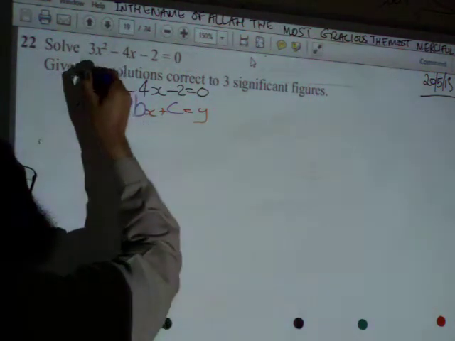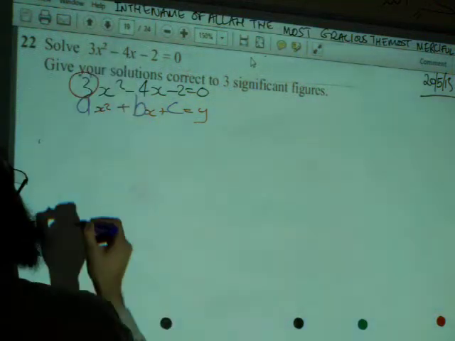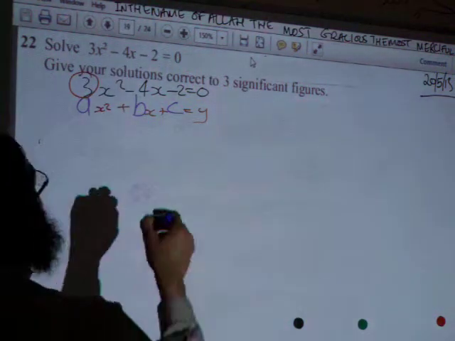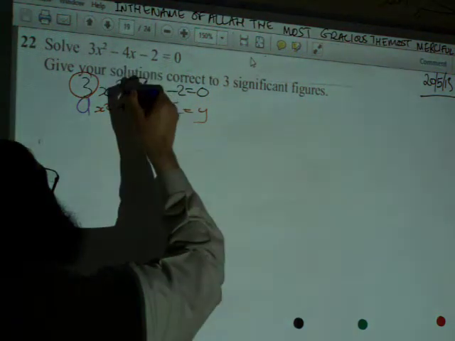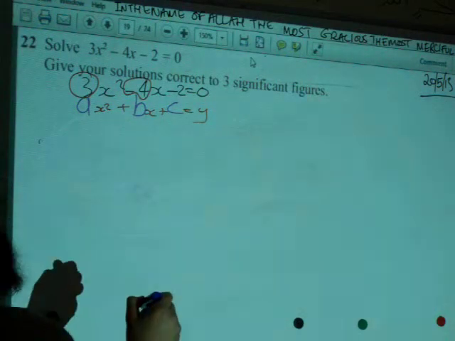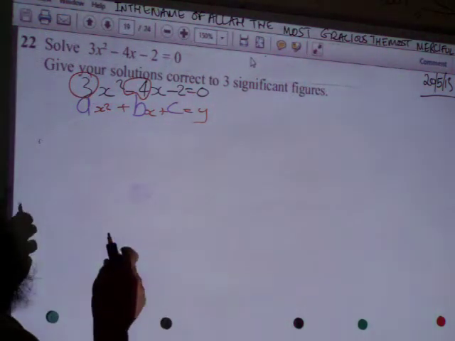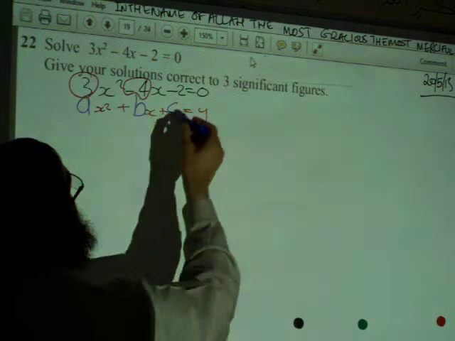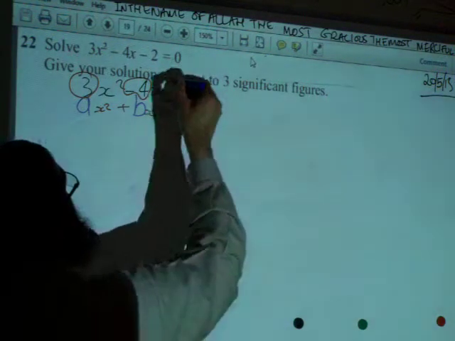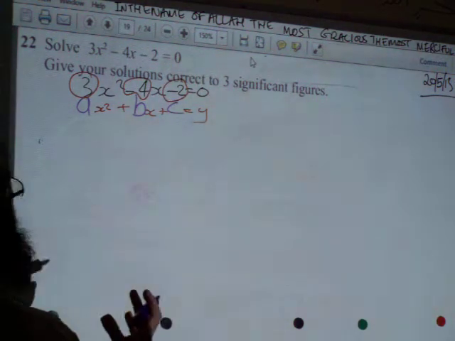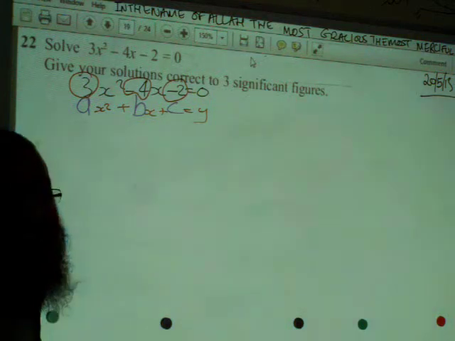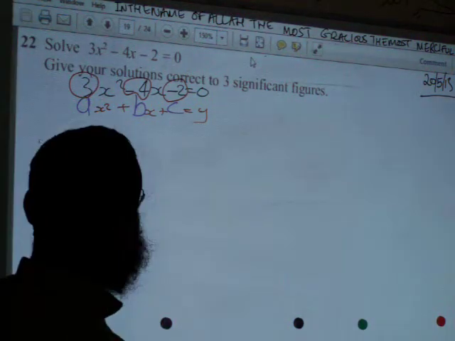Okay, what's the value of a? My value of a is 3. What's my value of b? Value of b is minus 4. Okay? Because of the minus there. C is minus 2. So we've got our 3 values that we're going to need to insert into our quadratic equation.